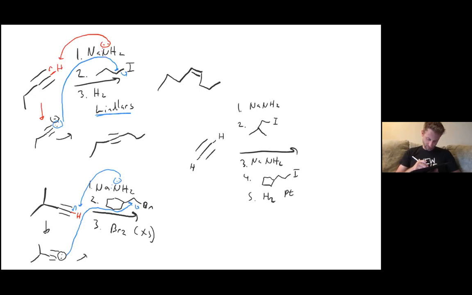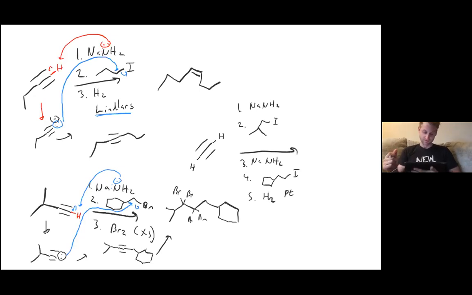We'll get something that looks like this: 1 carbon and then the 6-membered ring. From this point, we're adding Br2 in excess, which means that we are going to tetrabrominate. So adding 4 Brs, 2 on each position of where our triple bond is, giving us a structure that looks like this.